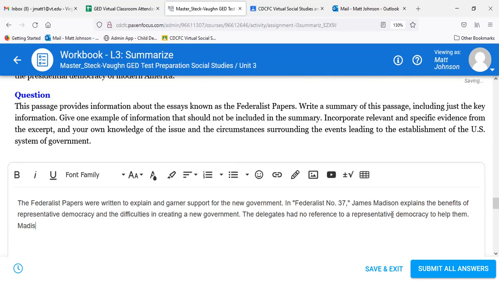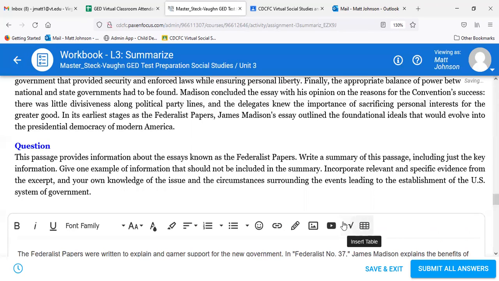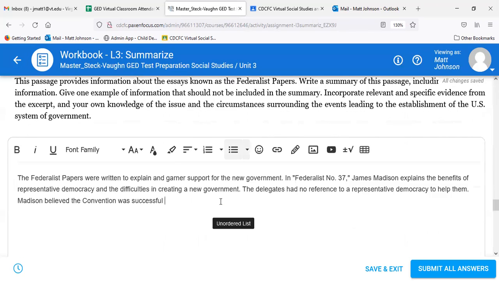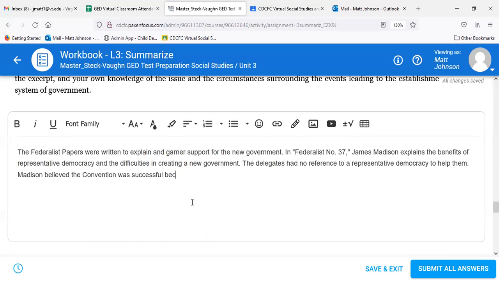Madison believed the convention was successful because delegates put aside differences.